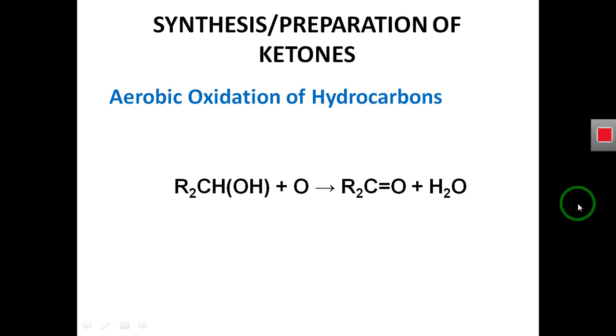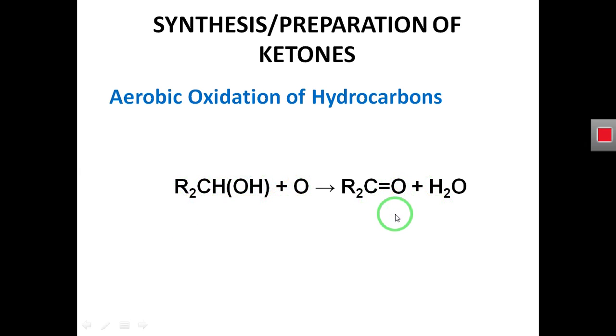So the first method of synthesis of ketone is that we can synthesize ketone by adding oxygen to an organic molecule or hydrocarbon. As we can see here, this is a hydrocarbon having hydrogen and carbon atoms, and if we add oxygen to this hydrocarbon we will get a ketone.